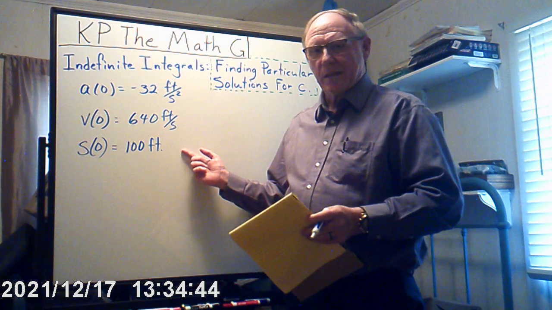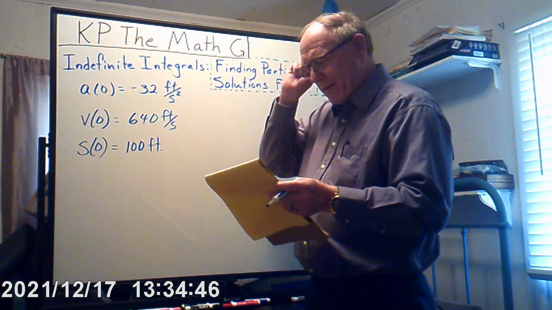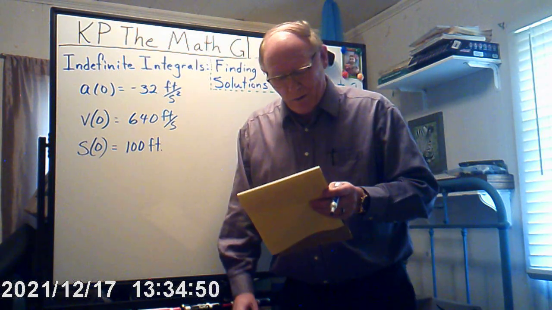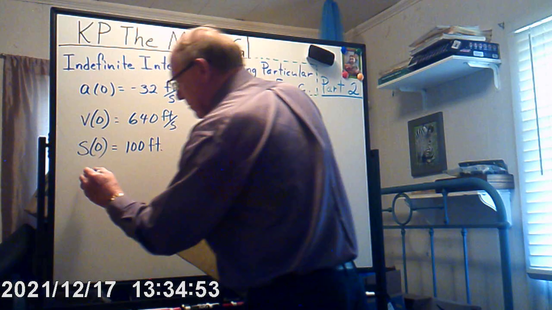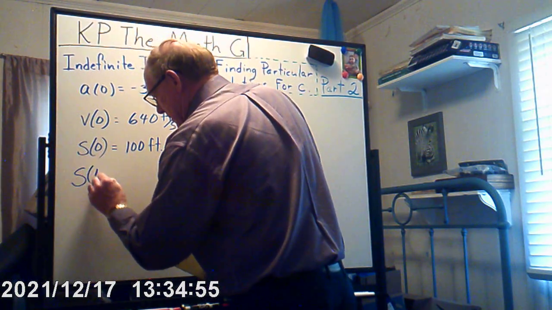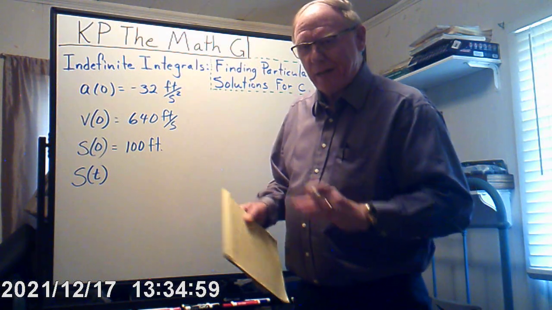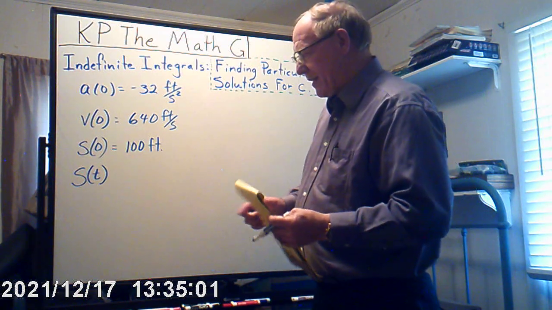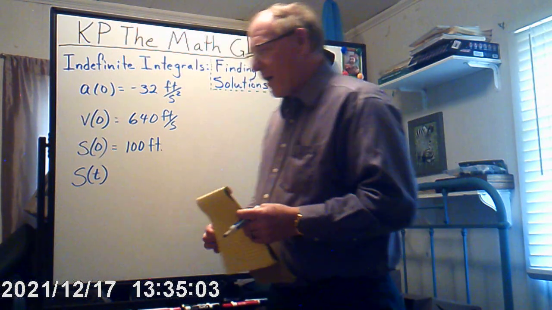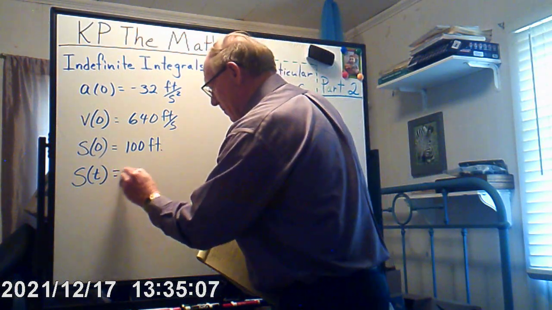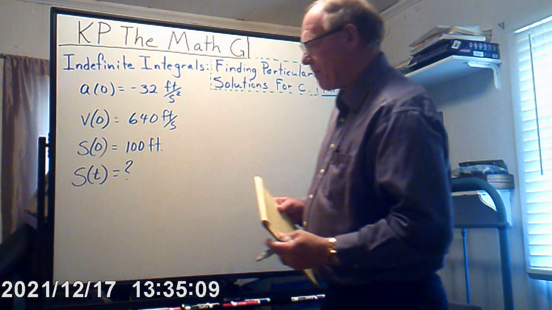Now, I can write the equation of this almost right away, but not quite. What we're saying is we want that function, the distance function or the position function. We want to know what that is.